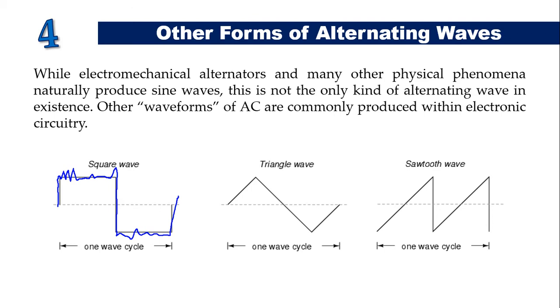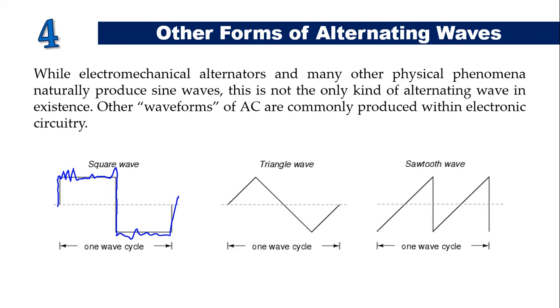Napaka-importante ng term na sinusoidal para sa atin sa pag-aaral natin ng AC circuits. Okay? So anything different are labeled as non-sinusoidal. Being that the waveform of an AC voltage or current is crucial to its impact in a circuit, we need to be aware of the fact that AC waves come in a variety of shapes. Right? So, ito na po.